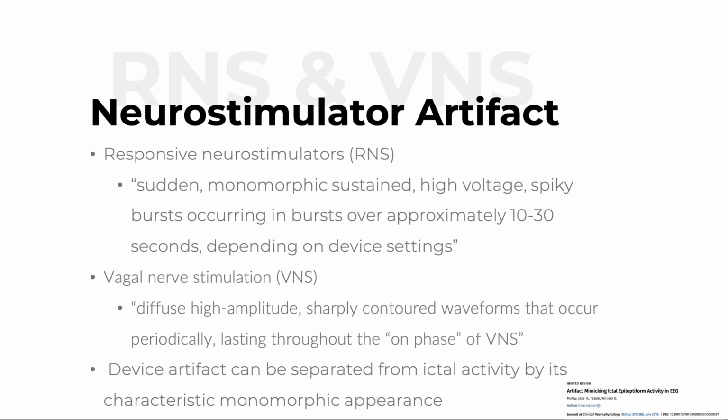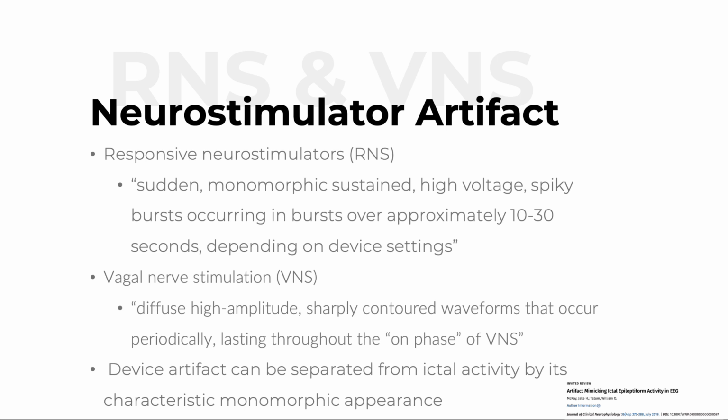VNS has diffuse high amplitude sharply contoured waveforms. Device artifact can be separated from ictal activity by its characteristic monomorphic appearance, meaning it's the same morphology again and again. That's what monomorphic means.